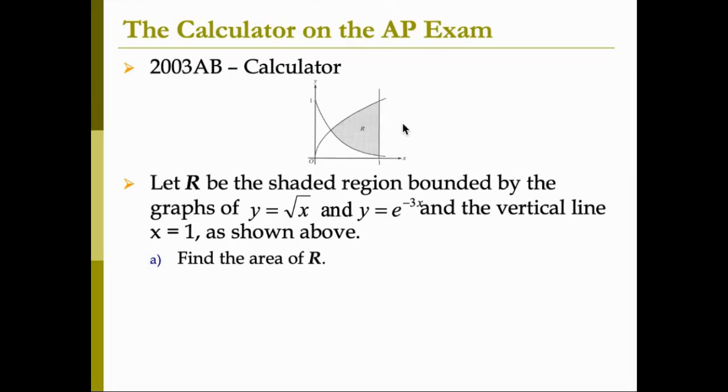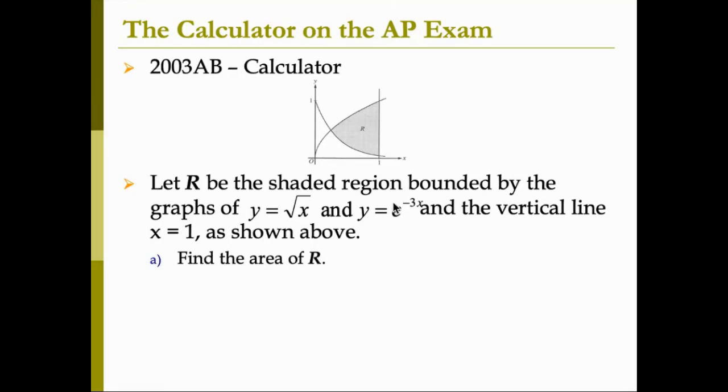So the main thing I have to do is look at this and figure out what's the top function and what's the bottom function. So we have a square root of x function, and we have e to the negative 3x power function. And you should recognize that this top function is the square root function, which means that this right here is our e function. This is our exponential growth function, but it's actually decay.